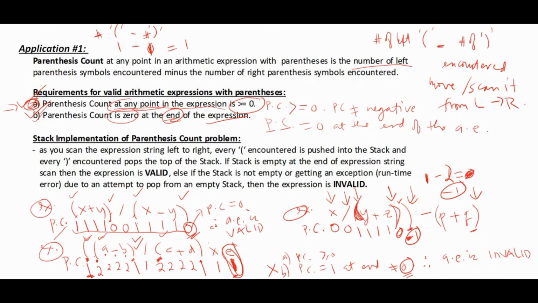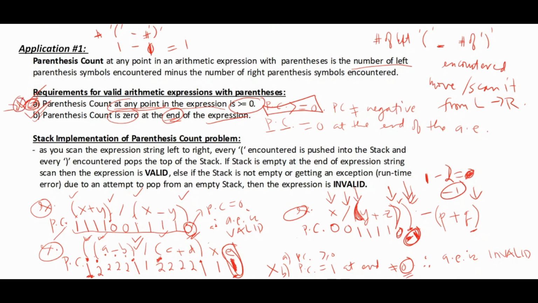Okay. The first requirement is that at any point while you scan the arithmetic expression, the parenthesis count should be non-negative, meaning it should be positive or 0. It should not be negative. But since the parenthesis count at this point is negative 1, it does not satisfy the first requirement.